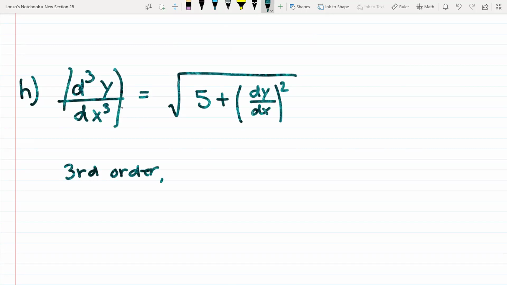This is to the power of 1. This has a coefficient 1. So linear. This one, see, this is power 2. This power 2 is not linear. This has to be to the power of 1. This can be whatever derivative, but the power has to be 1. So that's why it makes it nonlinear.